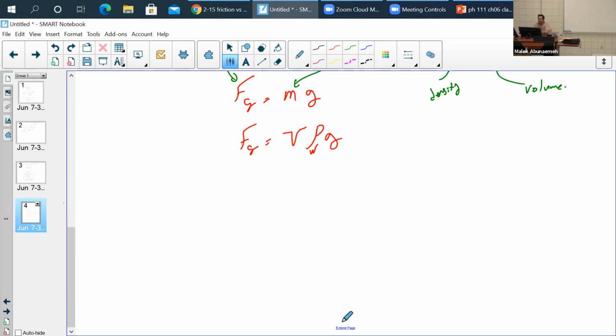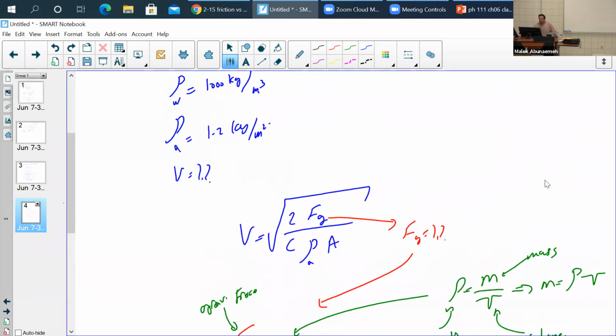So your volume for a sphere. We're dealing with a sphere, so the volume of a sphere is going to equal 4/3 pi r cubed, where r is the radius, which we already have.